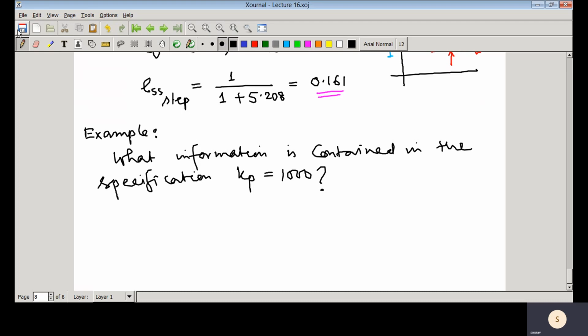That means, suppose a problem is given where it is said that Kp equal to 1000. From this particular specification, what information can you have?